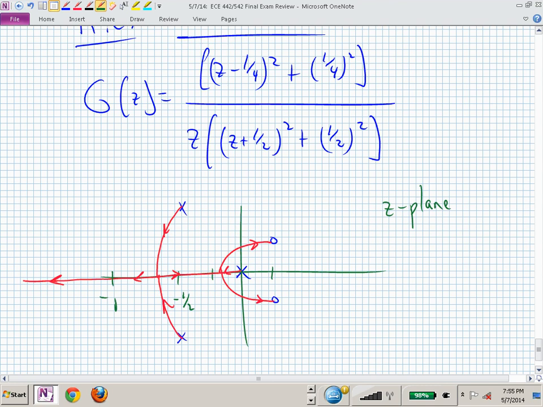But if I am going from z equal minus 1/2 with k, and I see that k is decreasing and then it increases, whoa, I have a relative minimum. I have a re-entry point there. Those two branches are coming in. One's going left, one's going right, and so what should I have here?